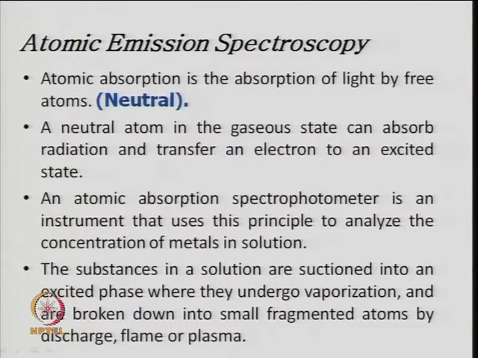So, you need different types of lamps to measure their absorption, because absorption will be at a particular wavelength. An atomic absorption spectrometer is an instrument that uses this principle to analyze the concentration of metals in solution, which is very important for catalysts: when you prepare the catalyst, the final concentration of the metal has to be determined.